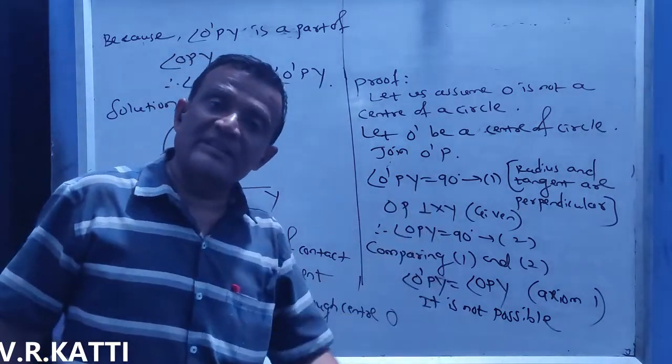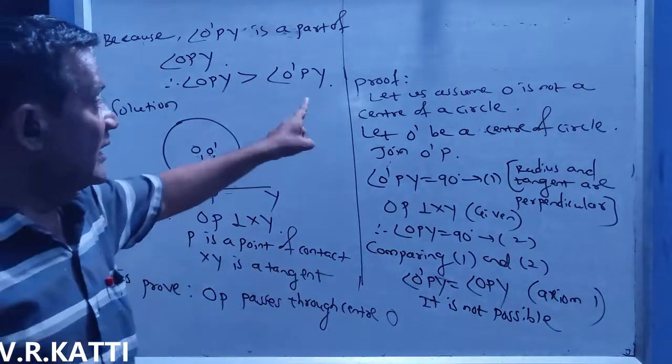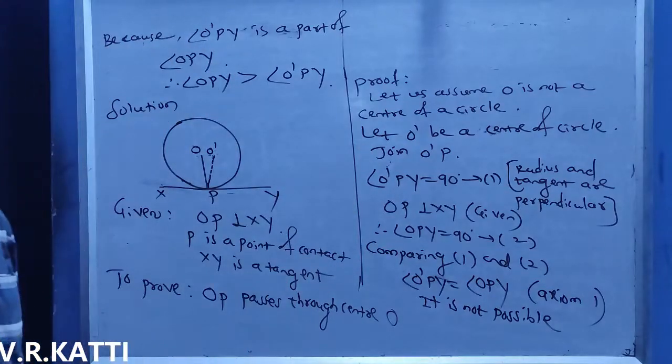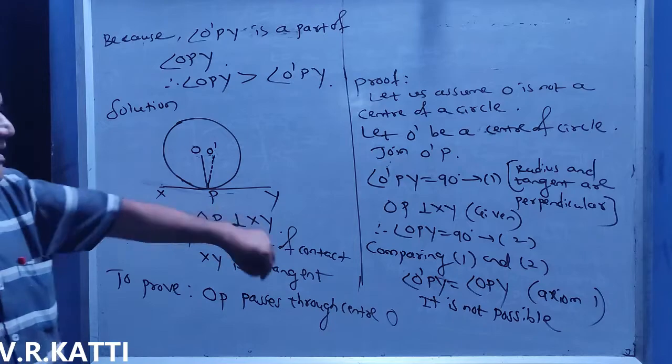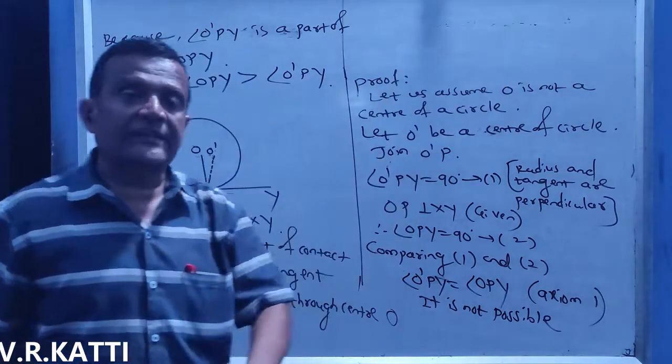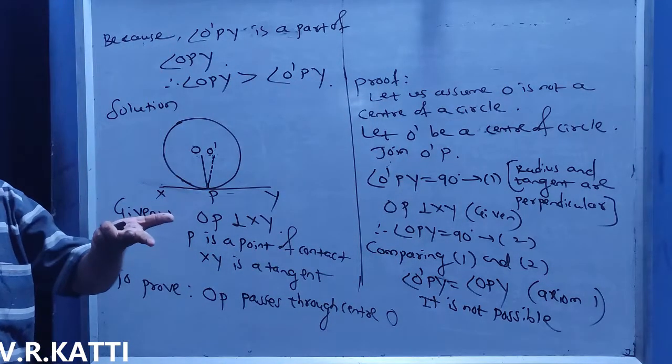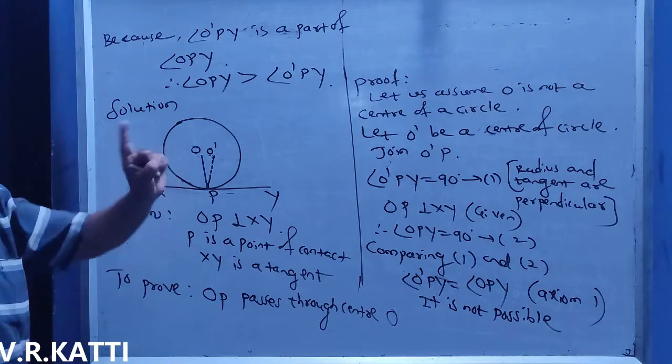if it is not possible, then our assumption is not correct. Our assumption is what? O is not a center. So it is not correct.